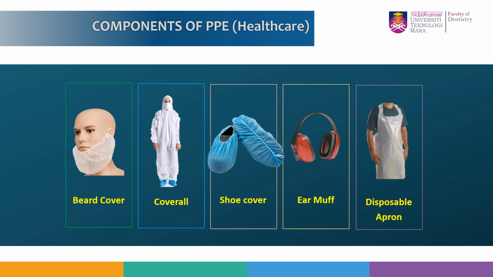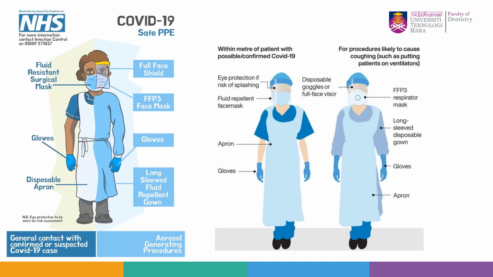Okay, so let's look at the next one. This is from the British NHS, National Health Service. So this is just a poster showing you the PPEs during COVID-19. If you look at the photo on your left, it's comparing during COVID-19 cases, or the pandemic.